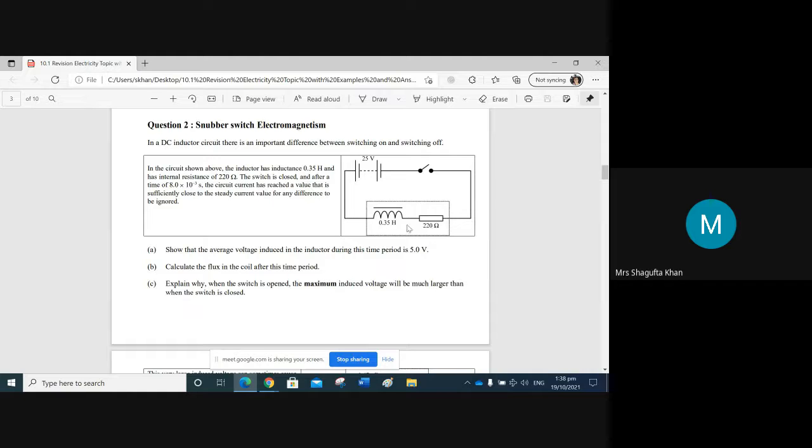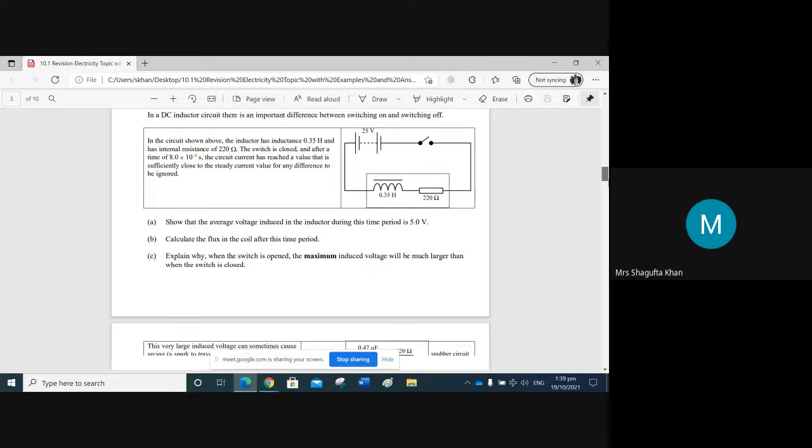Whenever current is decreasing, magnetic flux will be decreasing, so there will be a voltage induced across here. But this time, it will not oppose, because it always opposes the change. Because magnetic flux is decreasing, it will try to reinforce it. So this voltage will be in the same direction. This end will be negative and this end will be positive.